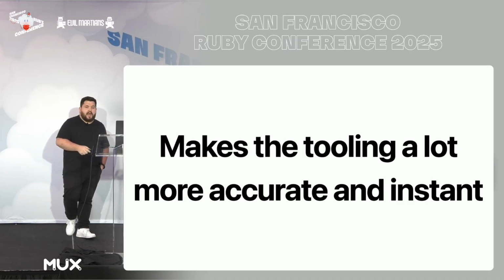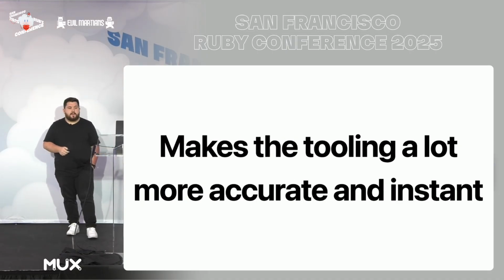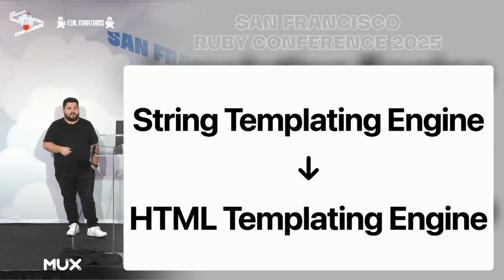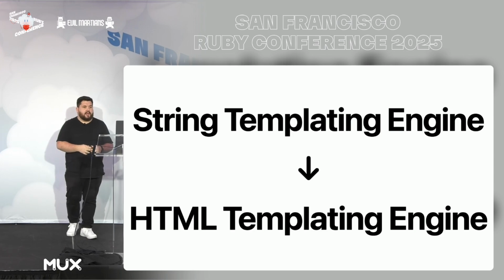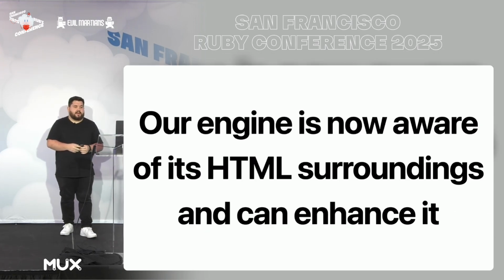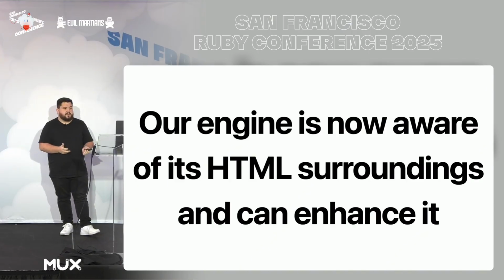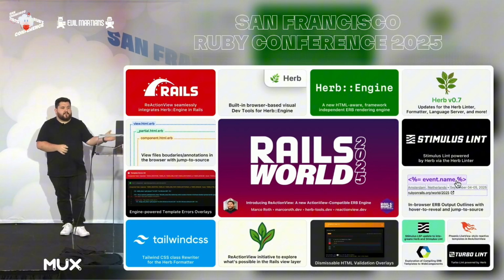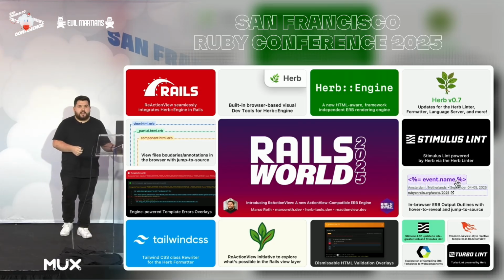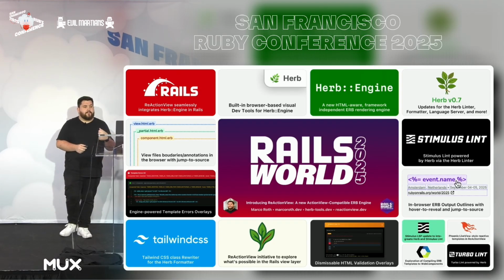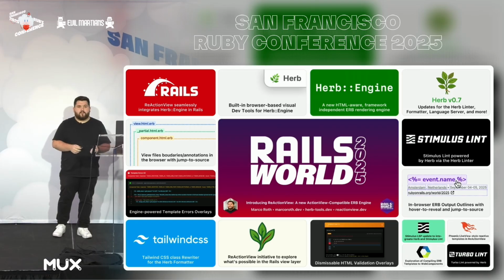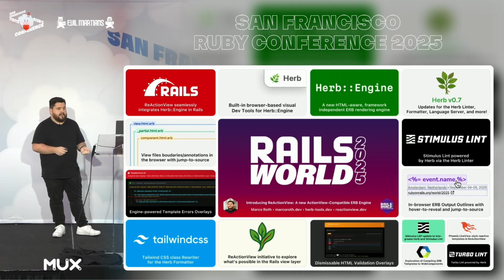This makes it a lot more accurate, and what we did now is take ERB from a string templating engine to an HTML templating engine, which is just to say that our engine now understands the HTML structure around it. And that's the part that shipped with the RailsWorld talk: to have these outlines, the engine itself, but also the enhanced error messages in the browser.